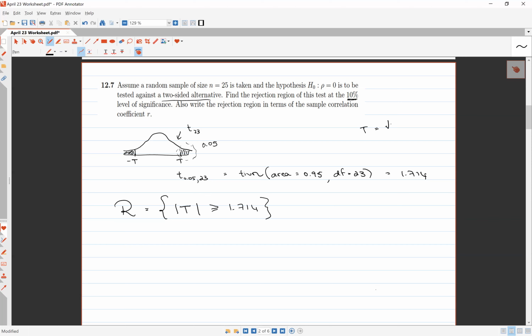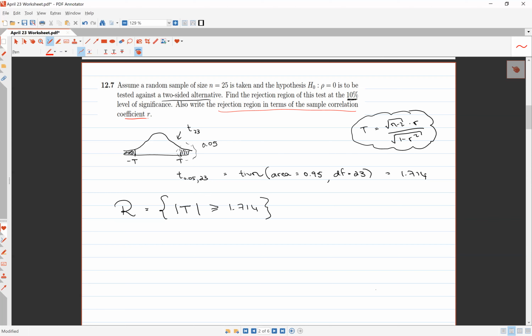This, remember, t equals the square root of n minus 2 times r over the square root of 1 minus r squared. That's the statistic underlying all of this. So that's the rejection region in terms of the test statistic, but we can convert it to a rejection region in terms of the sample correlation coefficient.